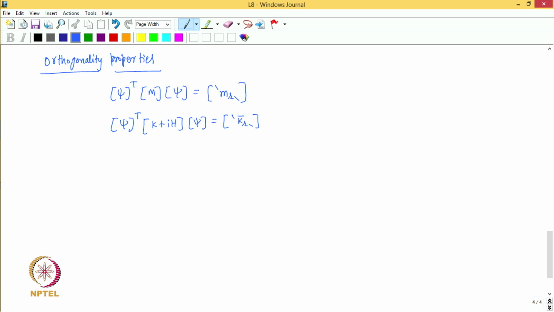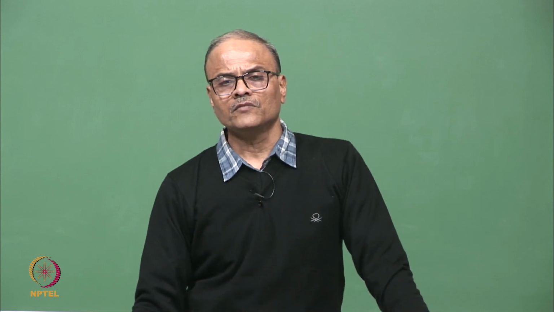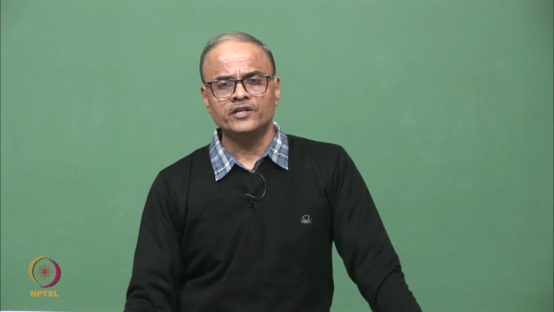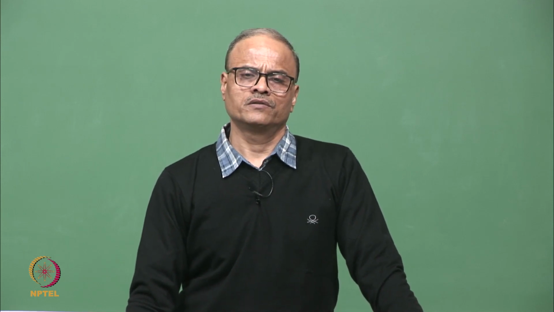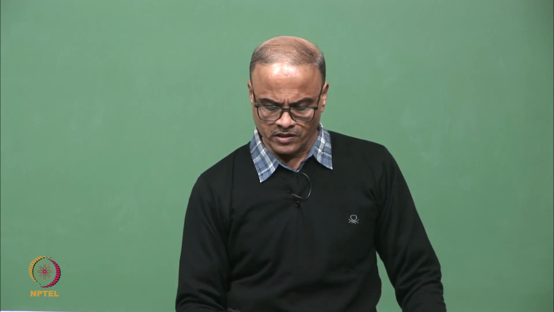So, now what is seen is that the eigenvectors which we got, that is, the psi eigenvector matrix, are real. Although the eigenvalues are complex, the eigenvectors are real, which basically means that the phase angle between any two elements of an eigenvector is either 0 degree or 180 degree. Okay, that is the meaning of a real eigenvector.